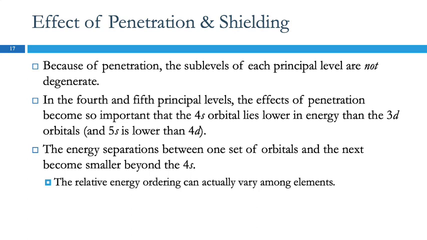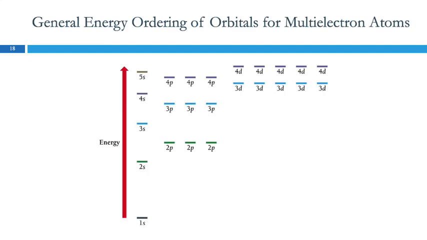So because of all this business, the sublevels are not degenerate. They're not the same. And in fact, when we get up to the 4th and 5th principal levels, it's so messed up. Let's just look at it.